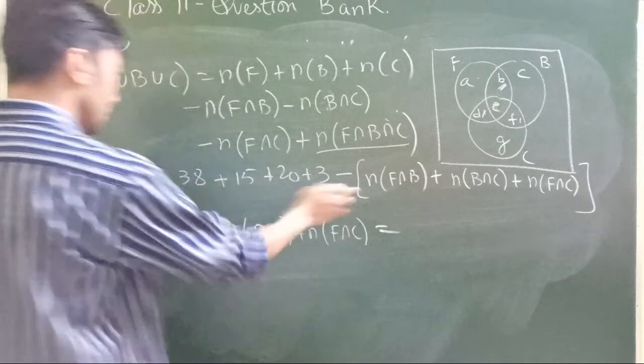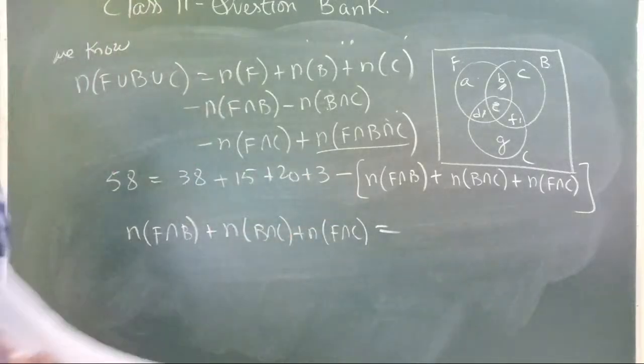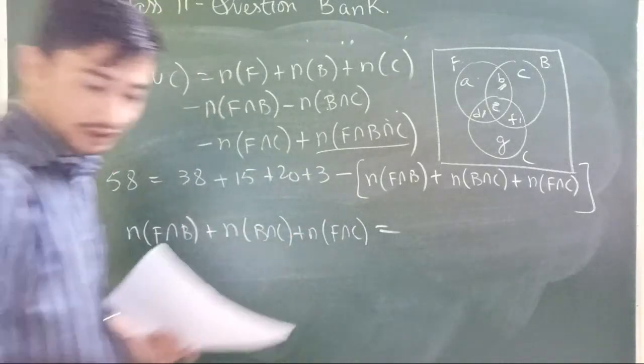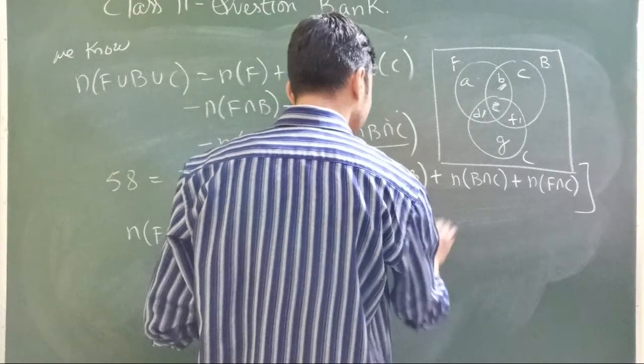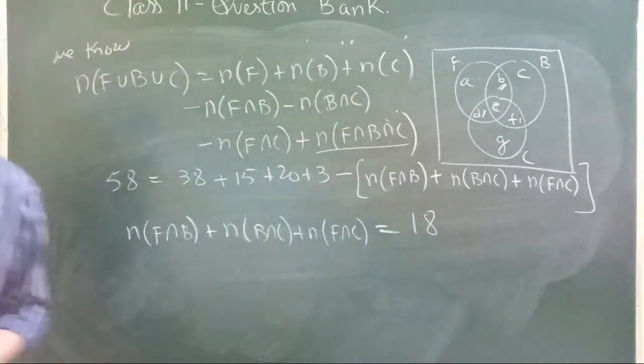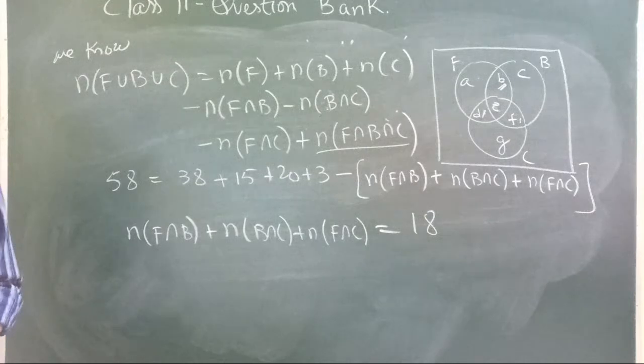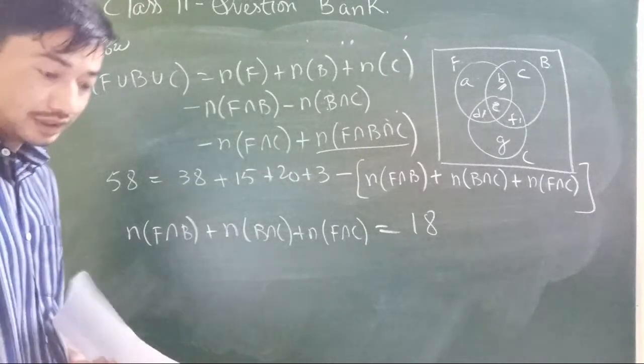That will be this value minus 58. If you calculate, I guess you will be getting 76 minus 58, so this value will be 18.